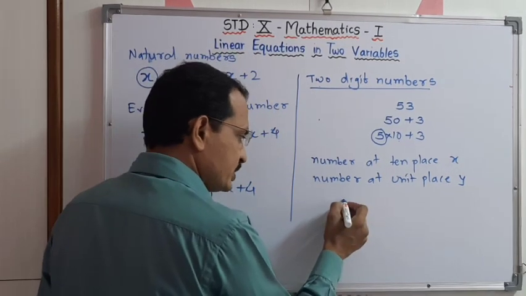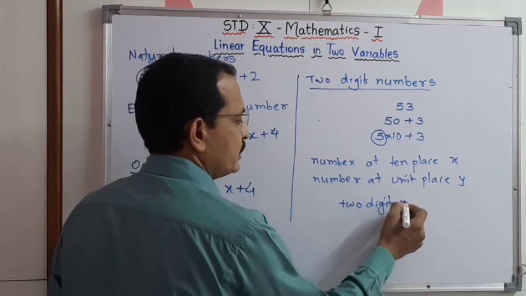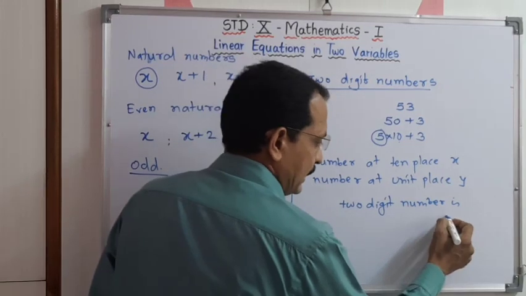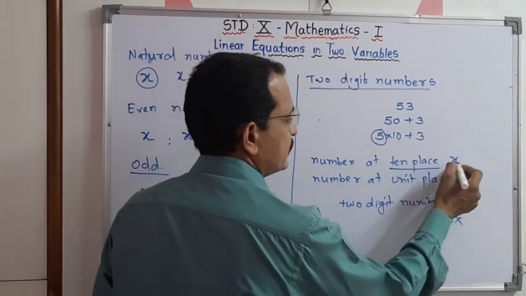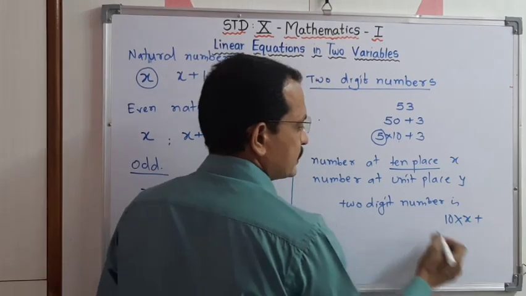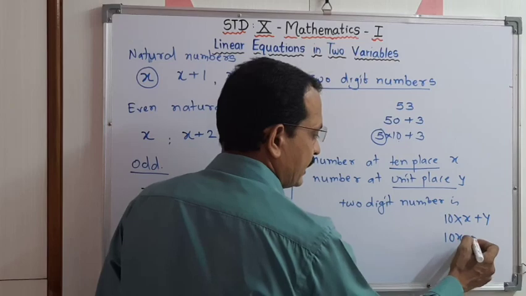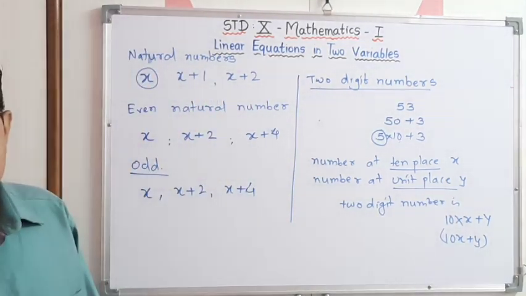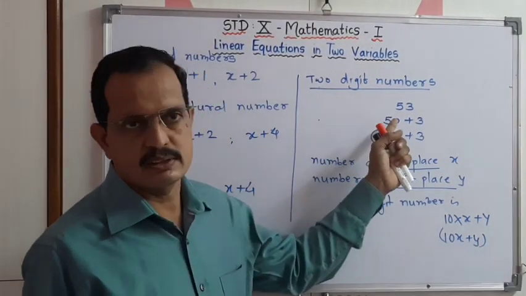Then the 2-digit number is 10 into the digit at the tens place, x, plus the digit at the unit place, y. Therefore, it is 10x plus y. Suppose we interchange the digits.